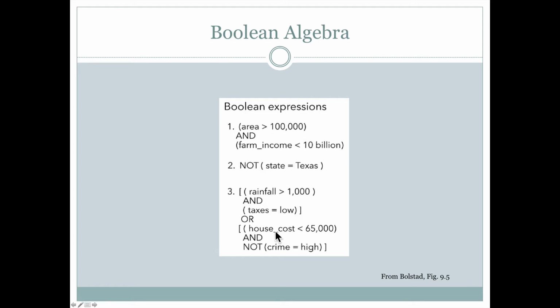So the other thing that could be true is house cost is less than 6,500 and not crime equals high, or the crime is equal to low. So once again, both of these would have to be true for them to be selected, but then all the ones selected with this part of the expression, in addition to all the ones selected with this part of the expression, would be selected, because the or indicates only one of those has to be true in order for the selection to take place.